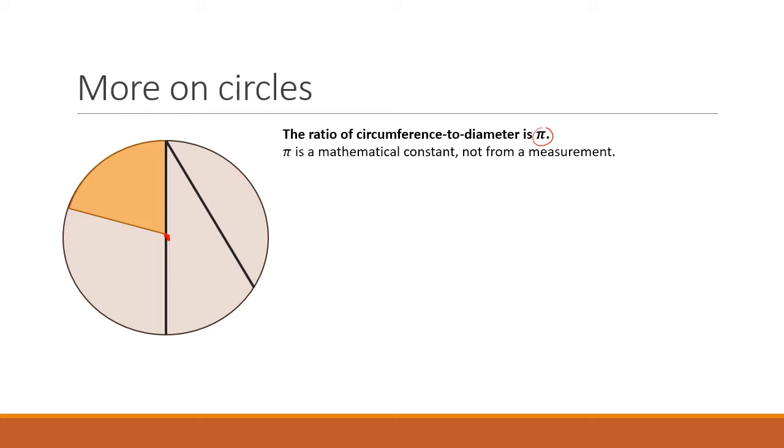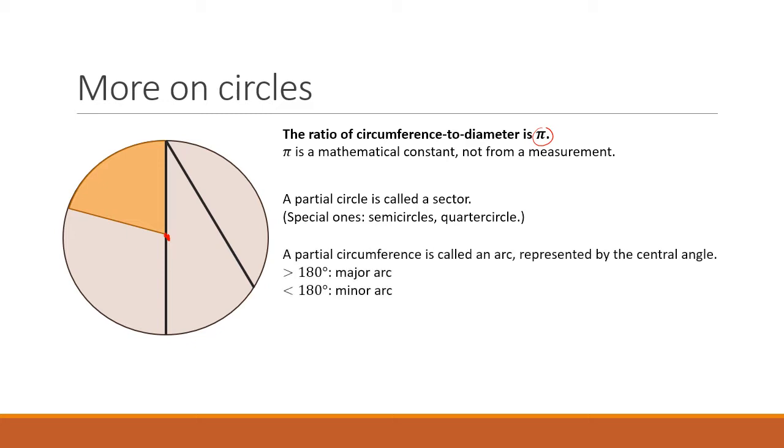So once you have a circle, you can also look at a partial circle. This orange area is called the sector. And if it's just half of a circle, we call it semicircle. If it's a quarter of a circle, we call it quarter circle. Also, part of the circumference, for example, I'm going to color this with red, is called an arc, represented by the central angle.